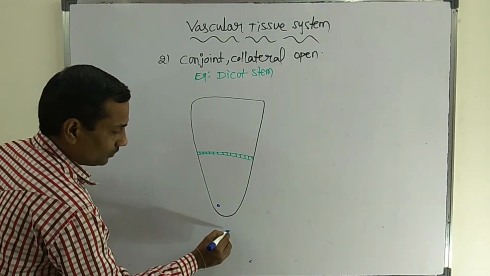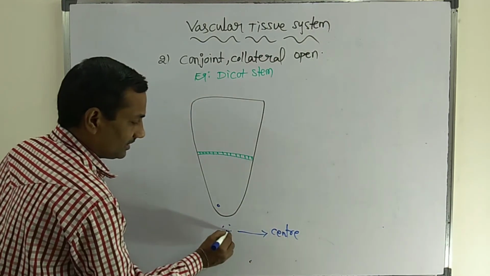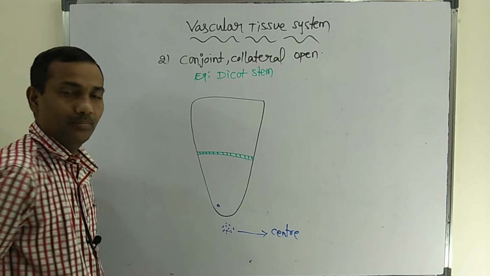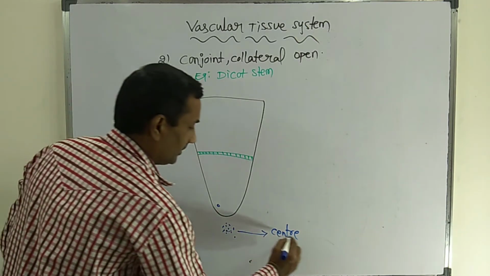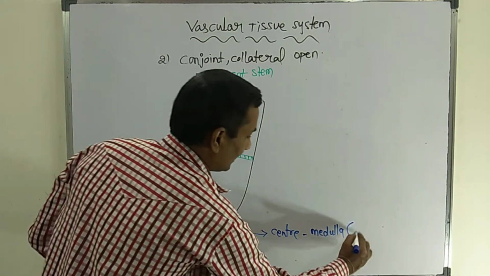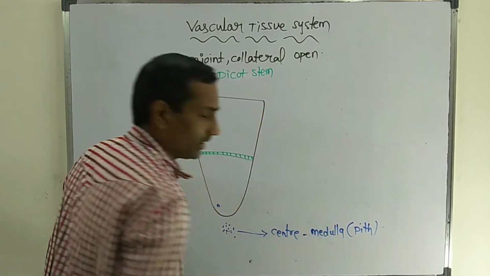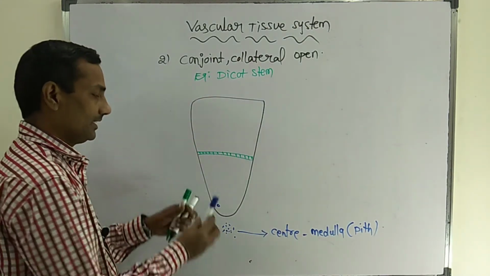Protoxylem is towards center. In the dicot stem, the medulla region will be there at the center. Medulla is also known as pith. It is a parenchymatous tissue located towards the center.